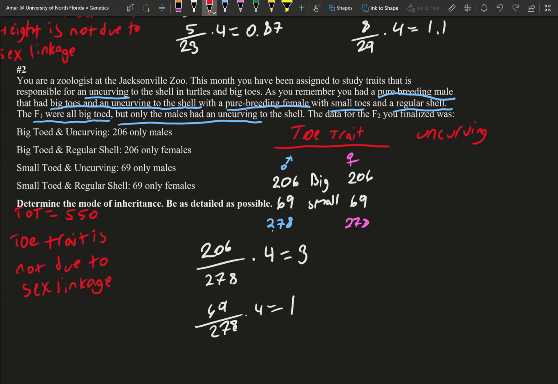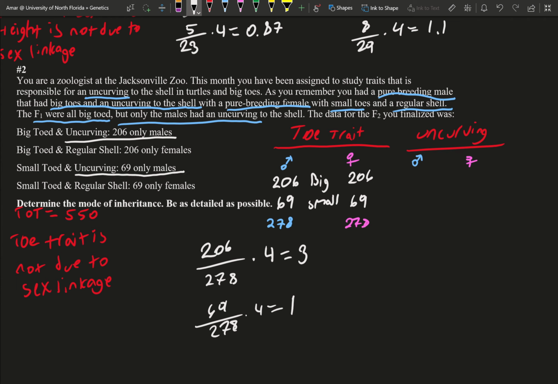So for uncurving, we're going to separate out the males and the females again. So what we have here is males 206 uncurving, and the only other males that we have are also uncurving.